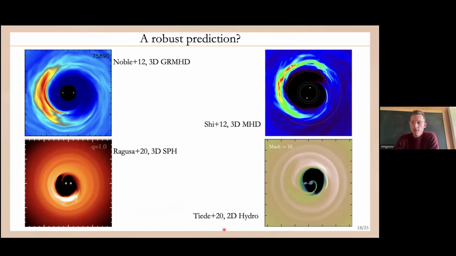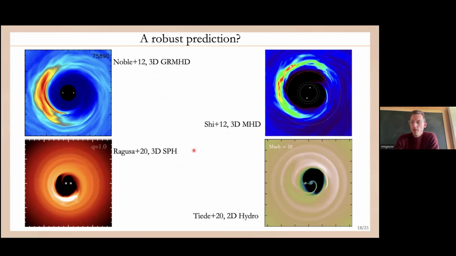So for the first question, I think that the answer is basically here. Regardless of people including 3D, 2D, GRMHD, Newtonian gravity, and so on, the lump is there for circular orbit binaries. I think that's a robust result. Then for the radiative efficiency of the disk and of the structures, I think that's still an open question, also possibly because the question was not settled even for single black hole disks.